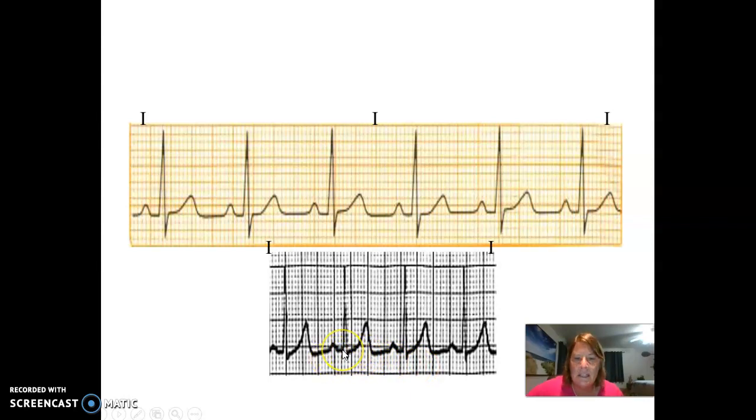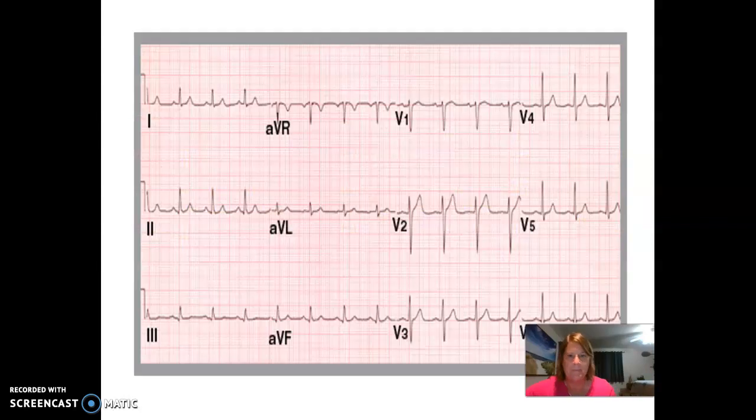And then my QT interval here, let's try to find one that's kind of on a dark line. Can't really find it. But it looks like I've got 1, 2, 3, 4, 5, 6, 7, 8, maybe. I'm sorry, I'm having a hard time seeing these real well, but it looks like about 8 boxes, though it's a little blurry. So that would be 0.32.